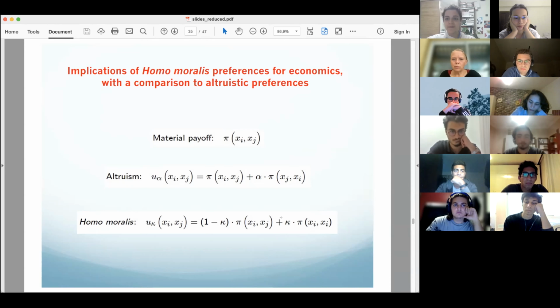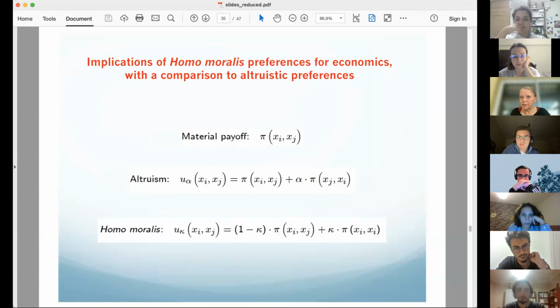I will compare the behavioral consequences of homo moralis with this other utility function, which I will refer to as altruistic preferences. And what this utility function does is it has the own material payoff with a weight 1, and then a weight alpha attached to the other's actual payoff.